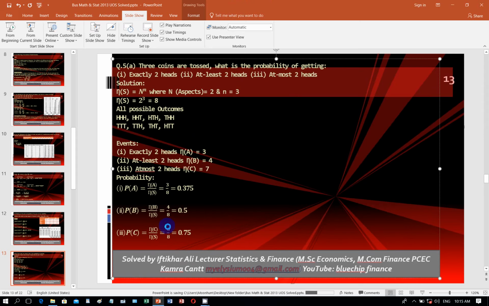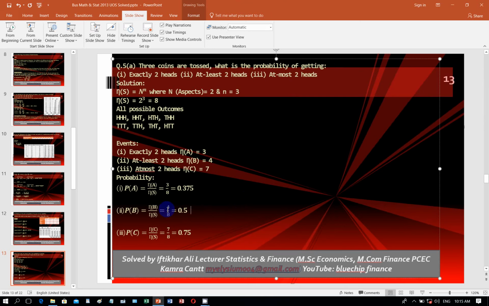After that, the probability is always equal to the favorable events divided by the sample space. So the first event is 3 and the sample space is 8, so 3 by 8 is 0.375.